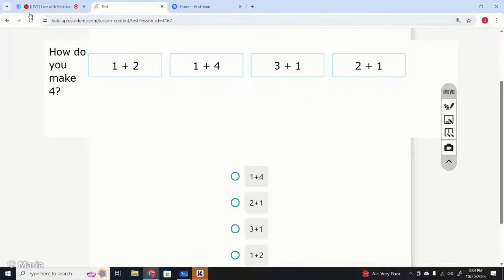That is 3 plus 1 makes 4. Option number 3 is the correct option.